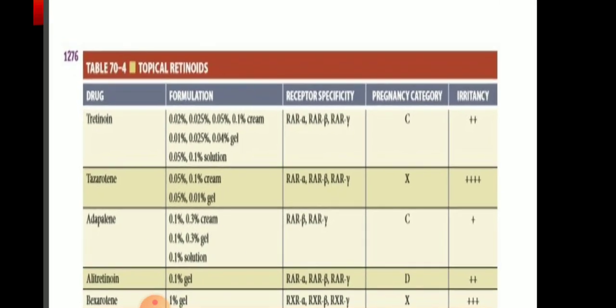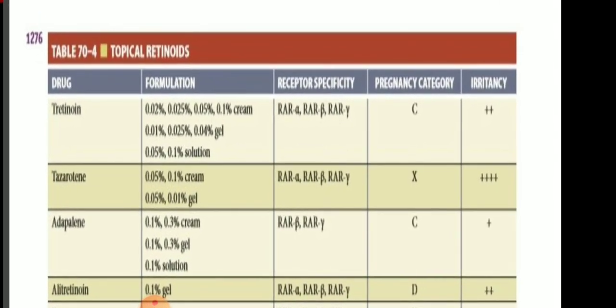So in this slide you will see the tretinoin derivatives which are acting on RAR alpha, beta and gamma receptors, whereas adapalene is only effective on the beta and gamma receptors, and these belong to C category, whereas tazarotene belongs to X category.